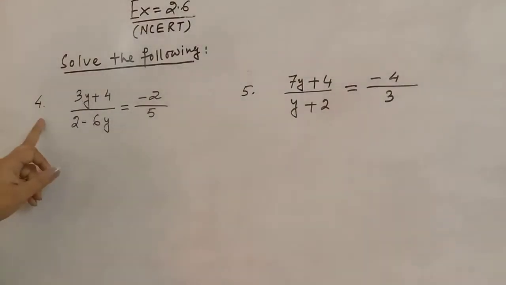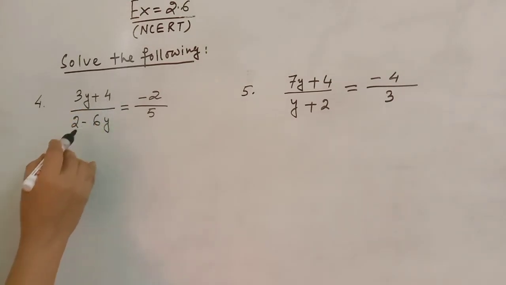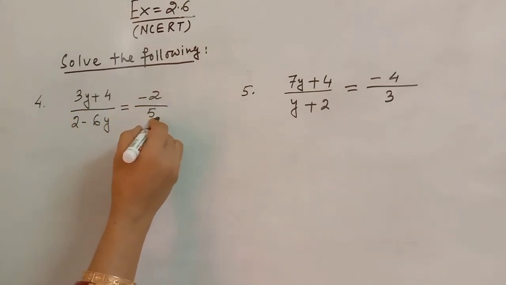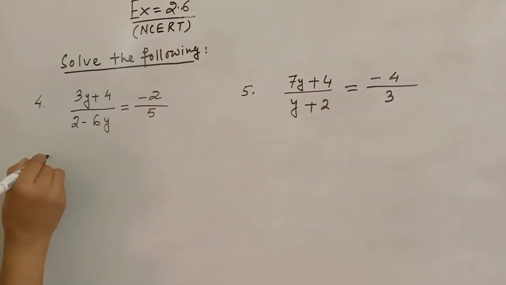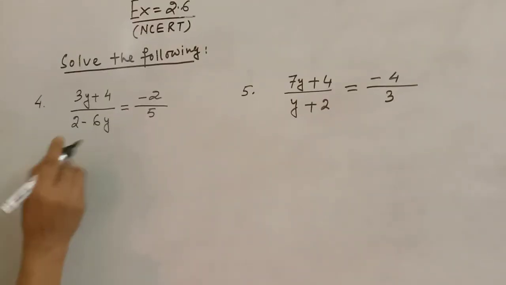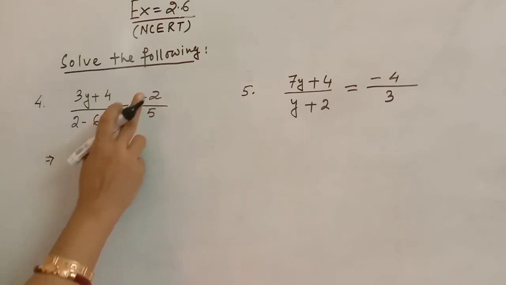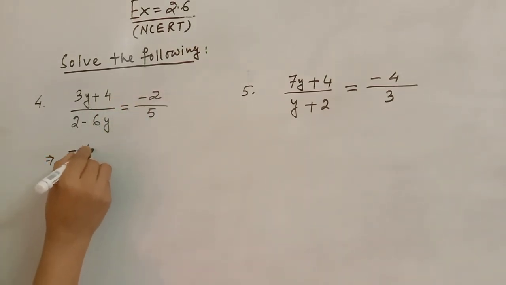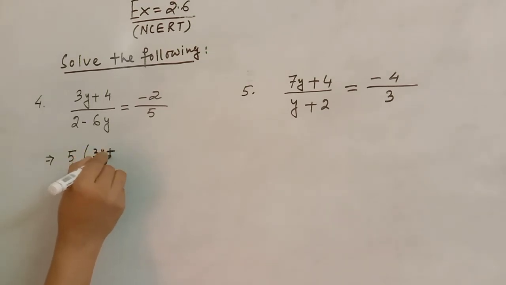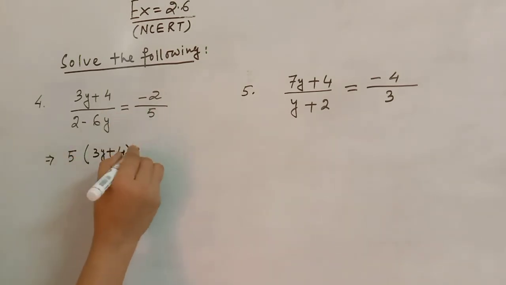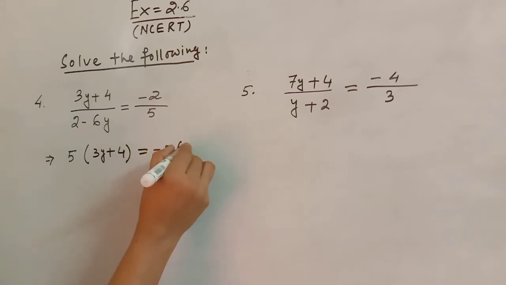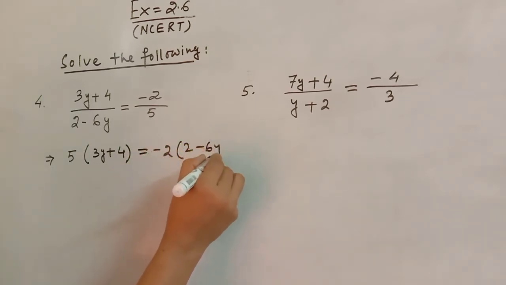Now in question number 4, (3y + 4)/(2 - 6y) = -2/5. Now here again the cross multiplication you will do, this one to this one and this one to this one. So 5 into (3y + 4) equal to -2 into (2 - 6y).